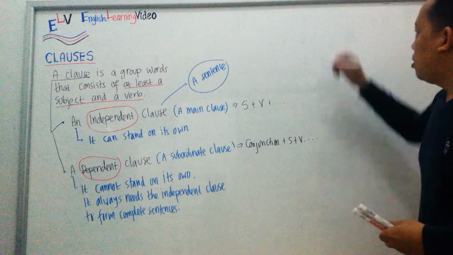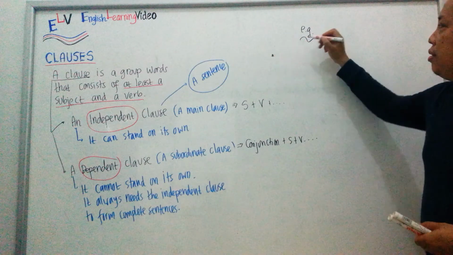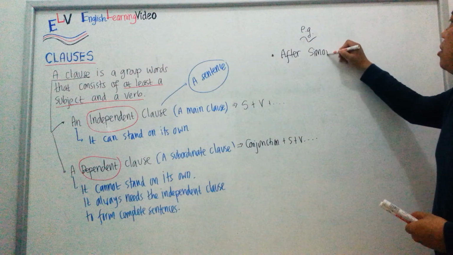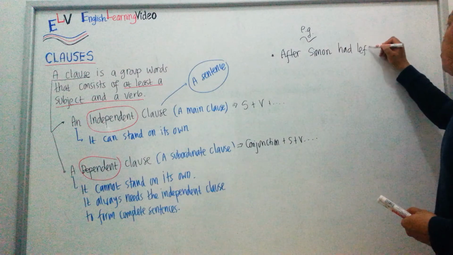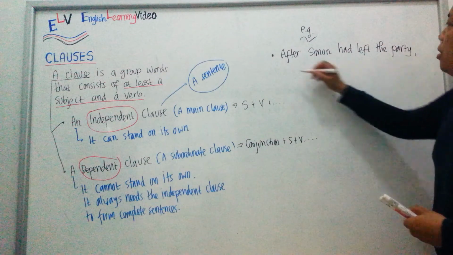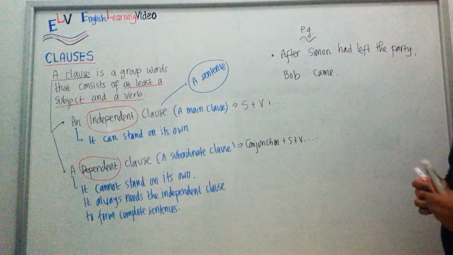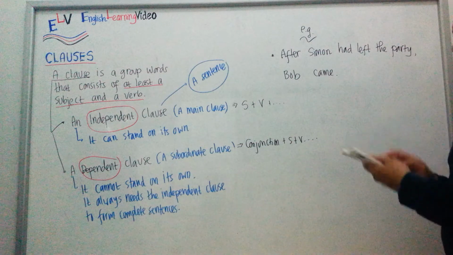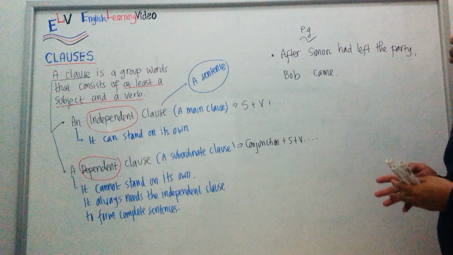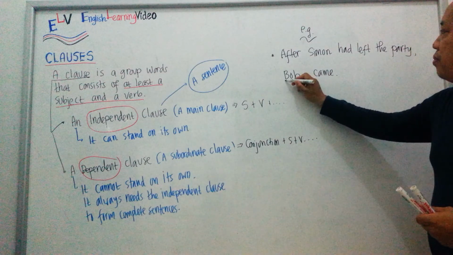Okay? So let me write several examples here. After Simon had left the party, Bob came. Okay, this is one sentence that consists of two clauses. Now, can you tell me which is the independent clause and which is the dependent clause? Okay, all right. Bob came.